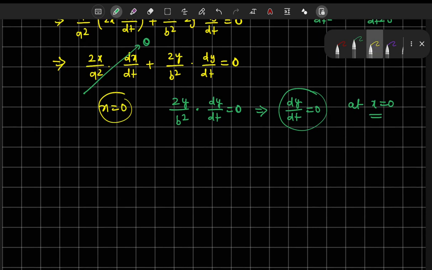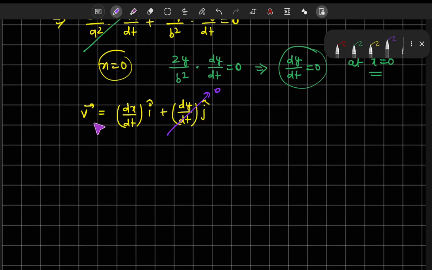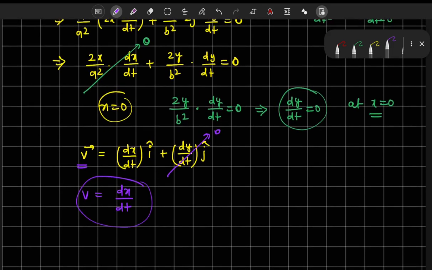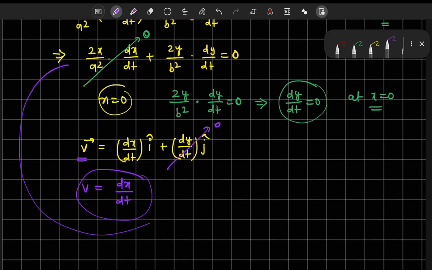Now if we write the velocity vector, we can write it as dx/dt i cap plus dy/dt j cap. dy/dt is 0, and the magnitude of the velocity vector is v, so we get dx/dt equal to v. Let us differentiate this expression again in order to find the acceleration.